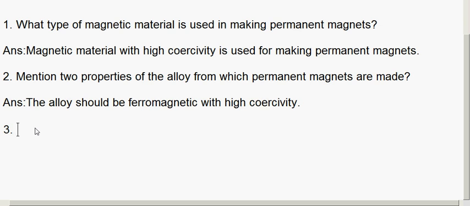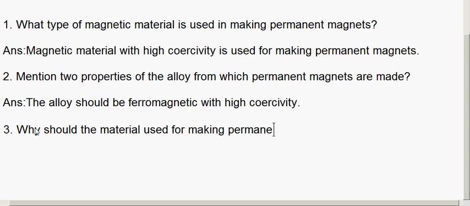Why should the material used for making permanent magnets have high coercivity?